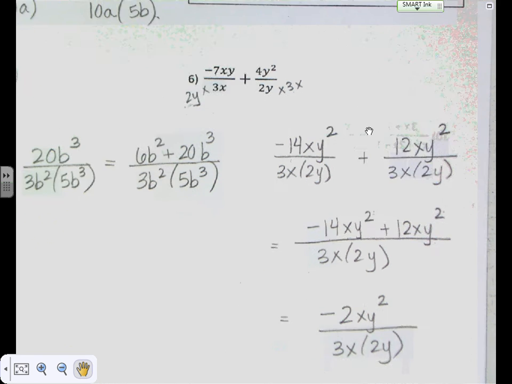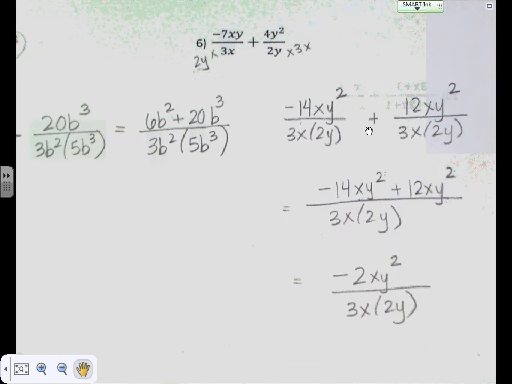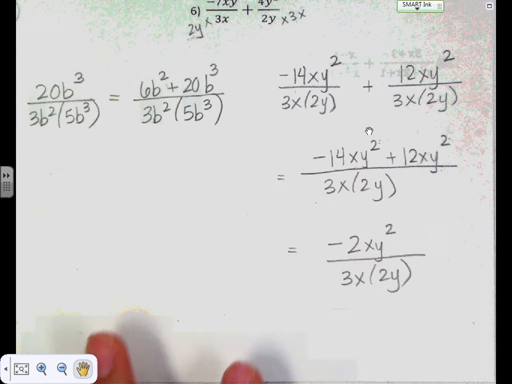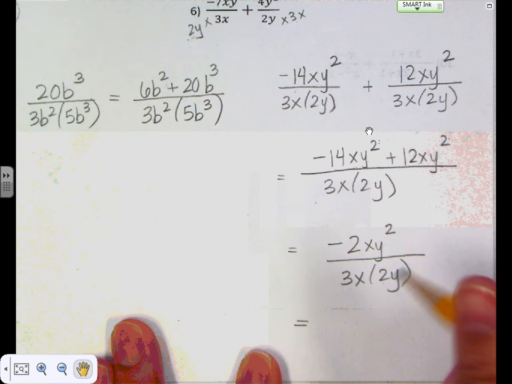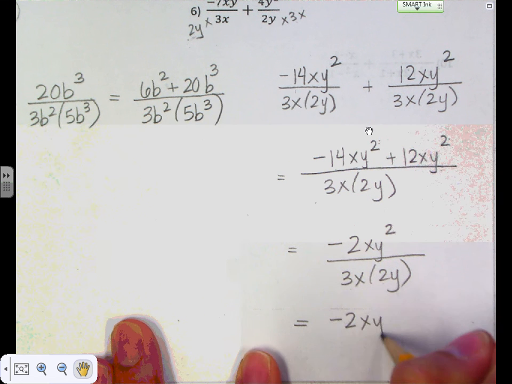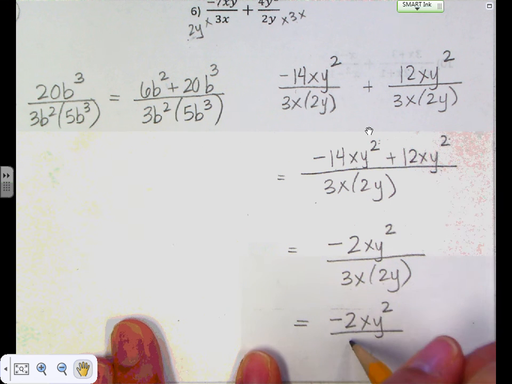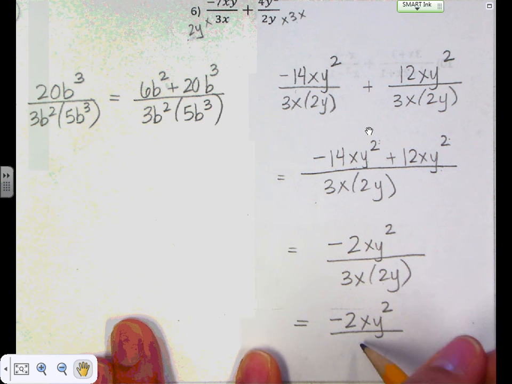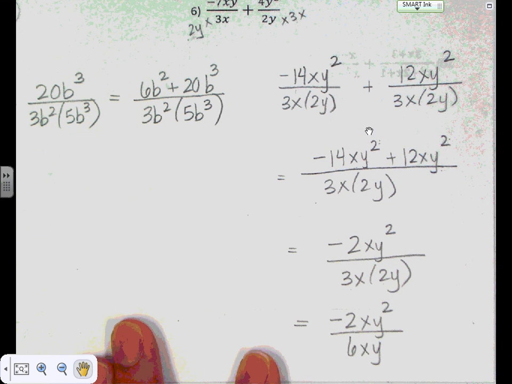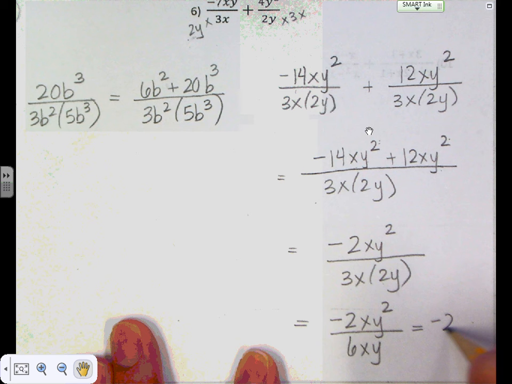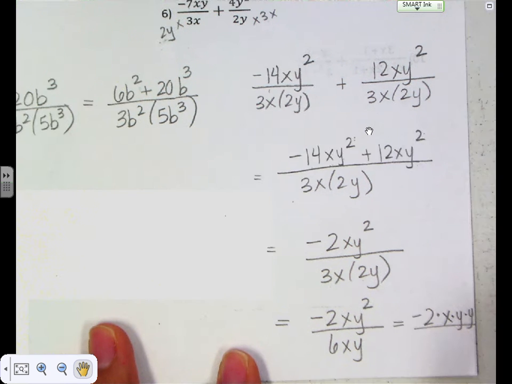Well, actually, we're getting to one that we can continue simplifying. What's 3x times 2y? We're multiplying, so it would be 6xy. Notice how it's similar to the top. So now you can cancel whatever is the same from the numerator and the denominator. You can simplify.